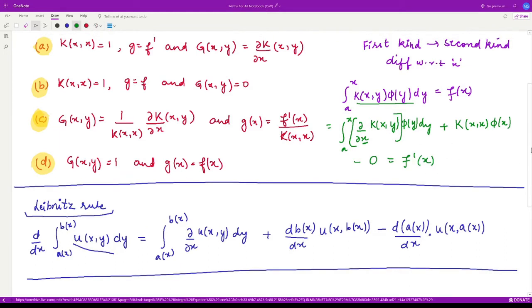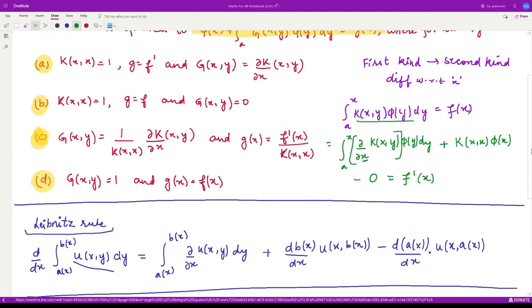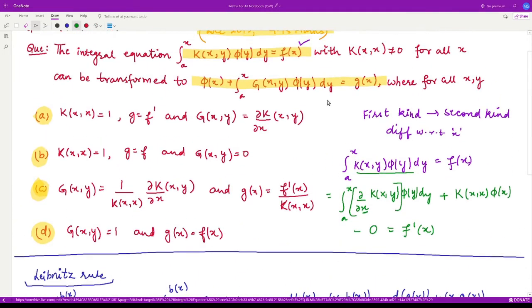I hope this is clear. So now let us look at our options and the given structure. They are saying we need to convert it into this form. Can you see this form from here? No. Or we can check out the options.